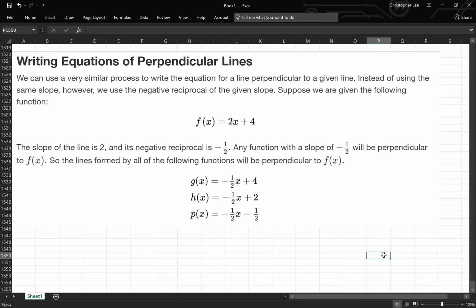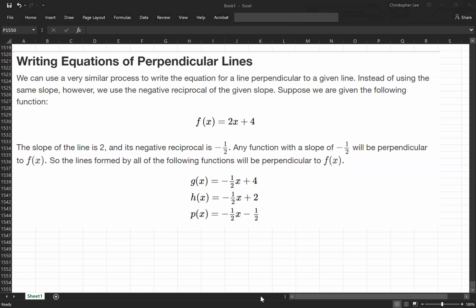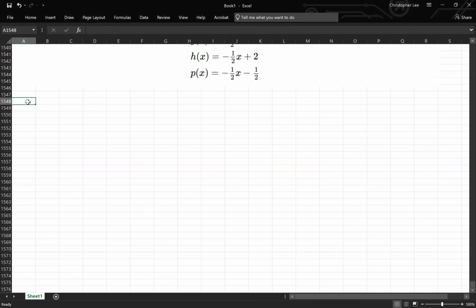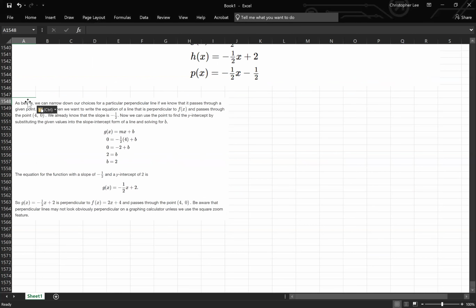So all of these are different lines, and all of them are perpendicular to the original right here. It doesn't matter what the intercept is, the slope is what matters, right? It has to be the negative reciprocal slope.